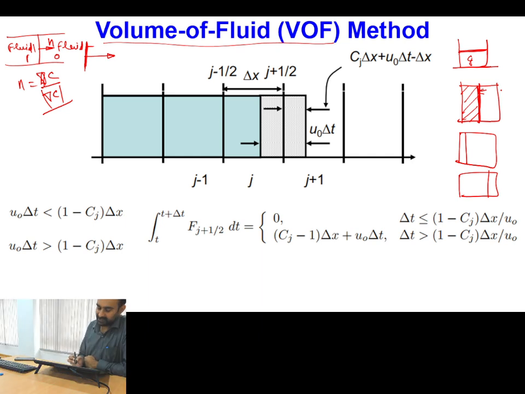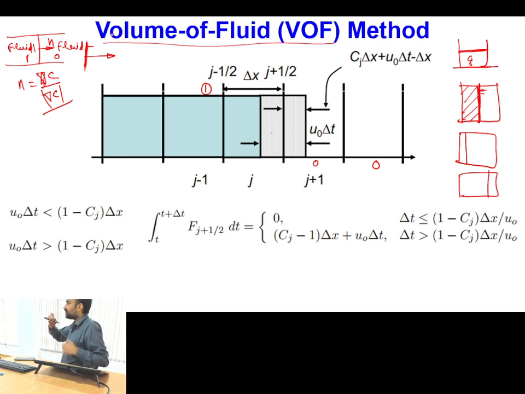So now you can see that up to Cj minus 1 my volume fraction value was 1, and from j plus 1 onwards this volume fraction value was 0. But this was the cell which was earlier having a volume fraction something like this. Now instead of representing this line in a horizontal manner, first I estimated where my normal is pointing. The normal is pointing in the rightward direction.